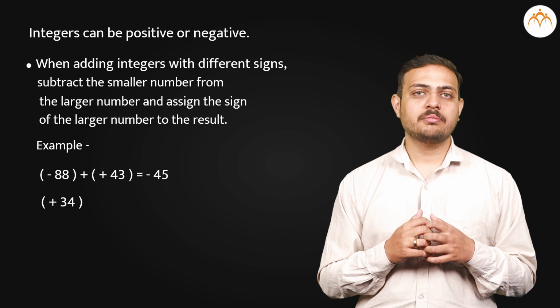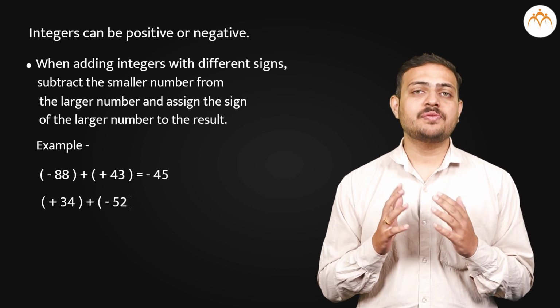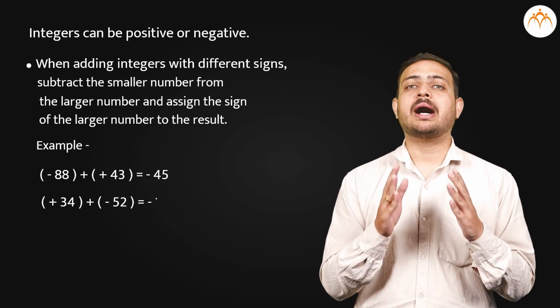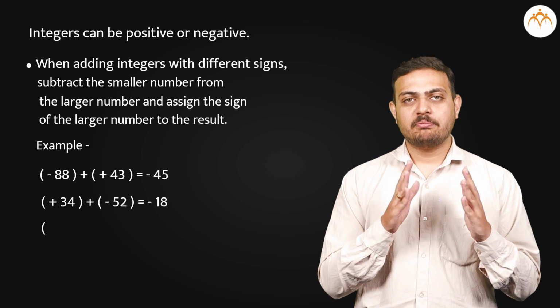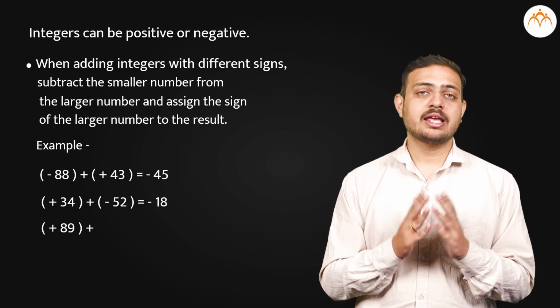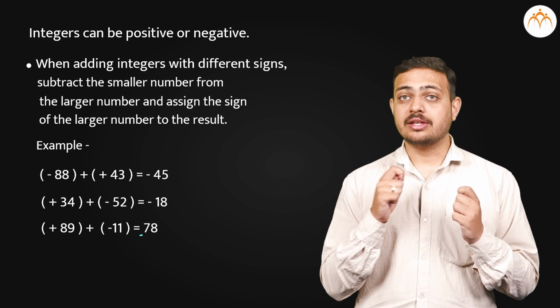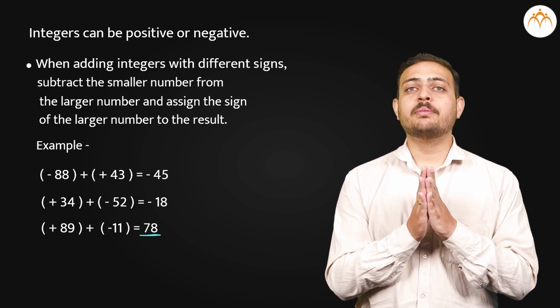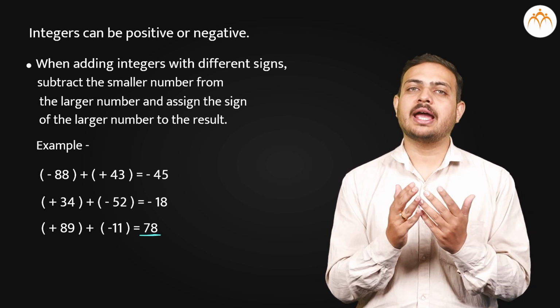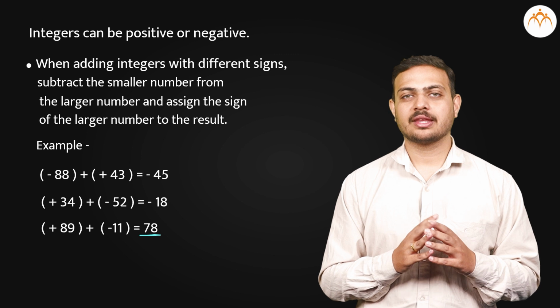Plus 34 plus minus 52 is equal to minus 18. Plus 89 plus minus 11 is equal to 78. The result is positive, so the positive sign is implied, it is not written.